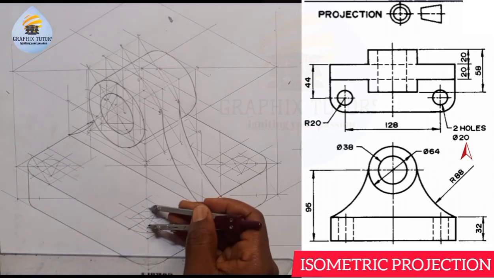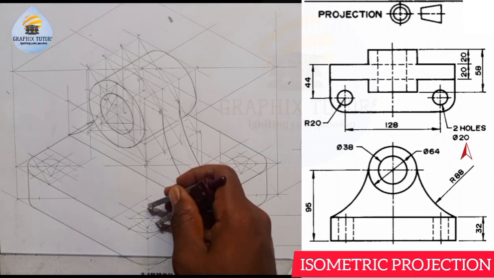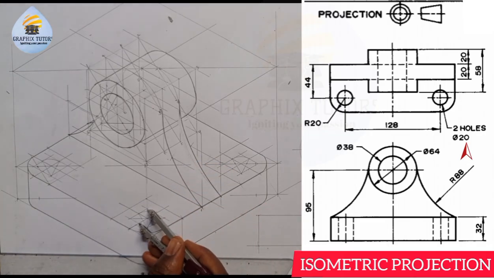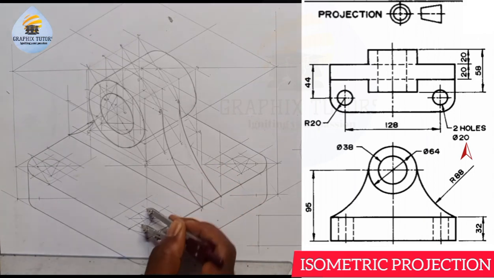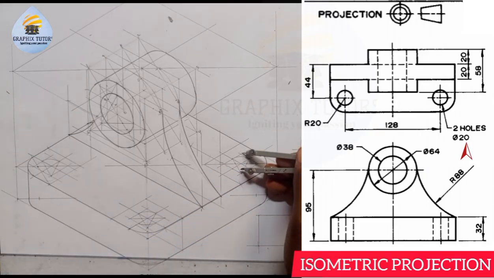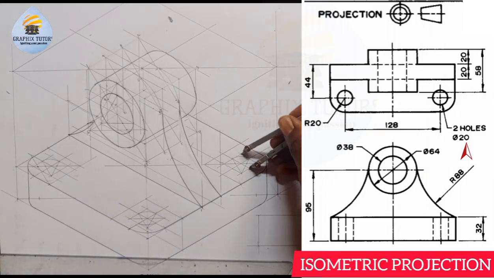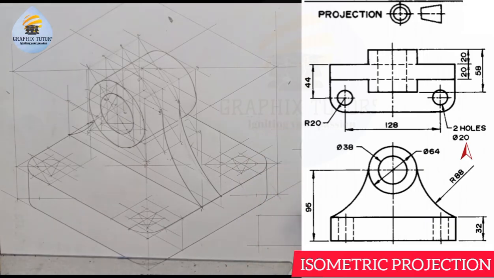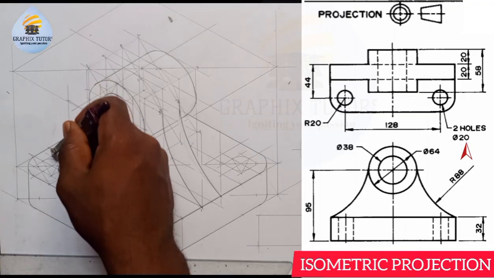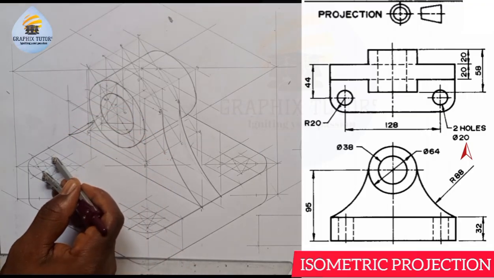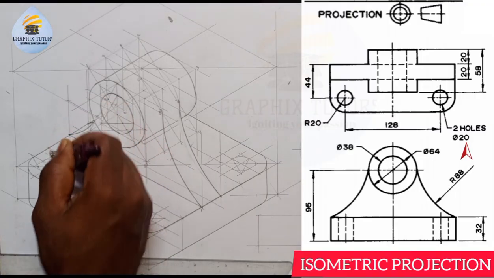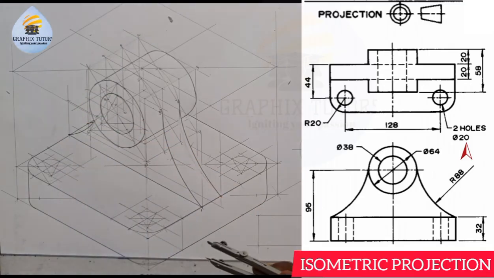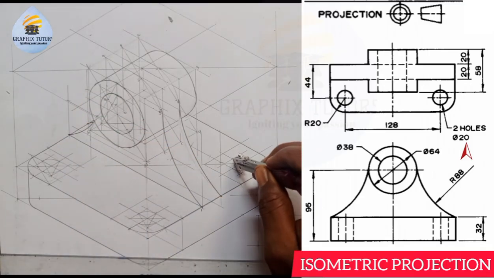Right? I'll turn it here too. I'll close it up. I'll come here too. I'll close it up. I'll come here too. I'll close it up. Like that. And I'll place it here. I'll close it up.